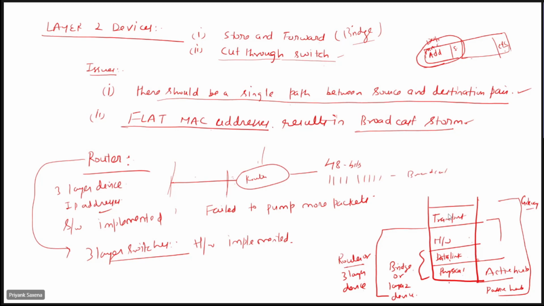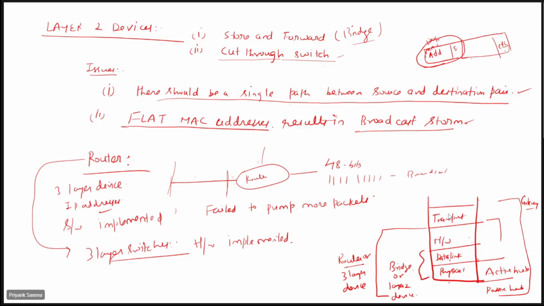But what is the disadvantage of this cut through switch? Because of the CRC, the frame check sequence, which checks whether there is any error in the frame, it doesn't check for any error in the frame. And what are the consequences of that? It sometimes forwards the corrupted frame in the network, right?